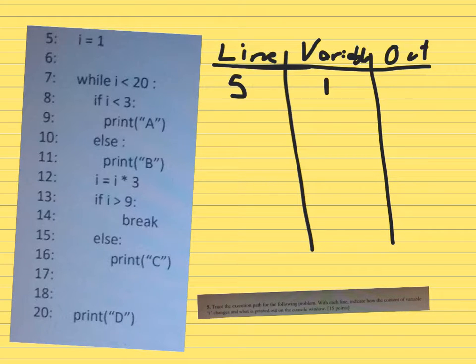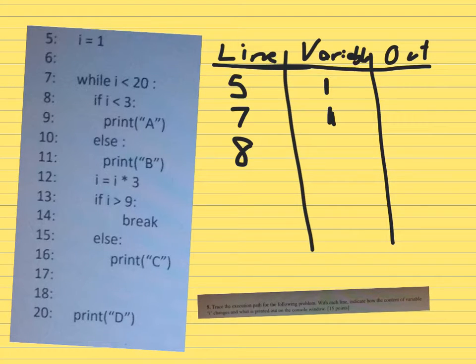So we're going to go down to line number 7, and it says while I is less than 20. In that case, the variable I is still 1. Nothing has changed. And since I is less than 20, that is considered true. So we'll go down to number 8.